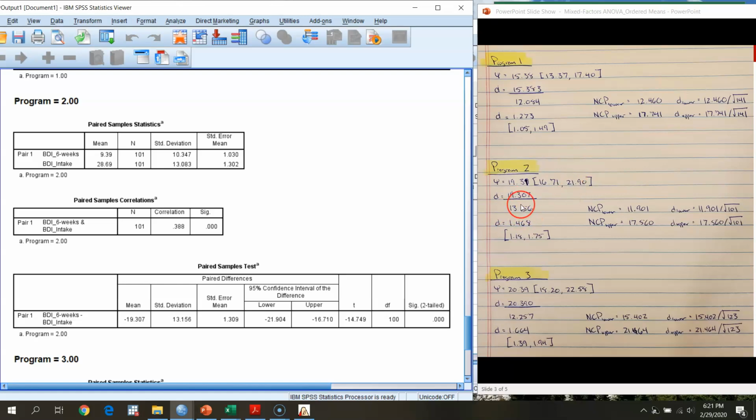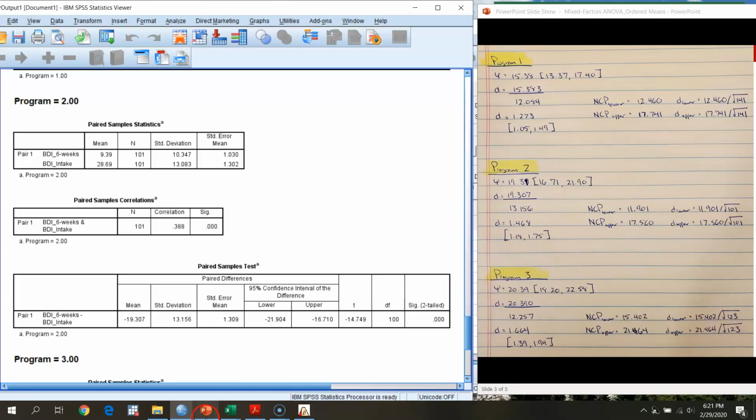If we calculate our within-subjects d, the mean of the difference scores between time 1 and time 2 divided by the standard deviation of change, it gives a point estimate of the effect size of 1.46, about 1.5. So our best guess is that we're expecting a 1.5 standard deviation change in depression symptoms in program 2 from baseline to finish, pre to post.